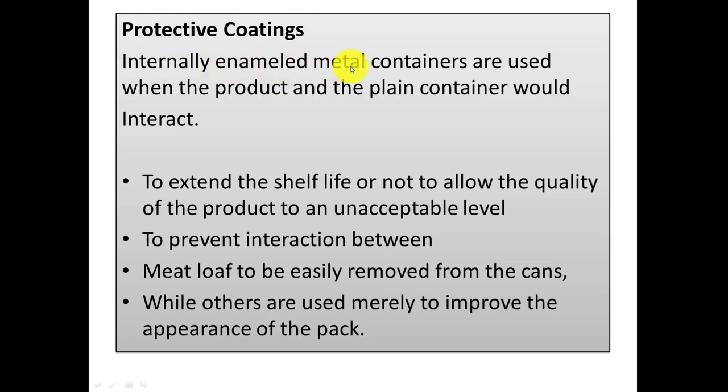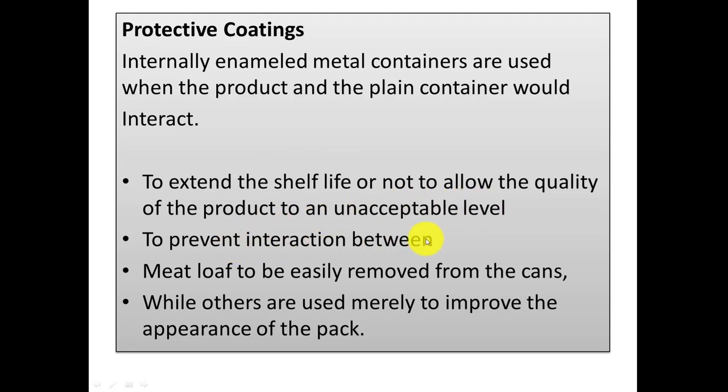Internally enameled metal containers are used when product and plain container would interact. If there is a possibility that your product and container can interact, then we apply these protective coatings to offer us the following functions: to extend the shelf life, or not to allow the quality of the product to fall to an unacceptable level.